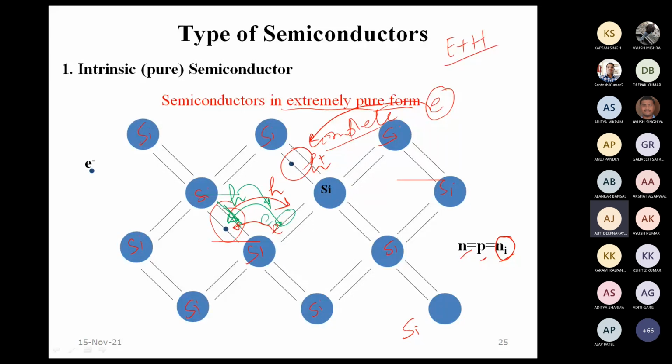The appearance of electron and hole is called electron hole pair generation. The first one is called generation, and when they disappear together, that is called recombination.